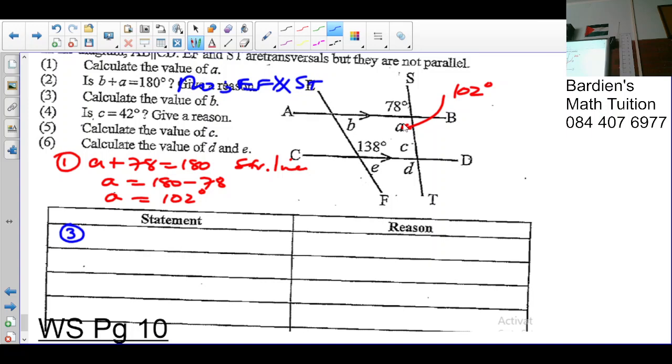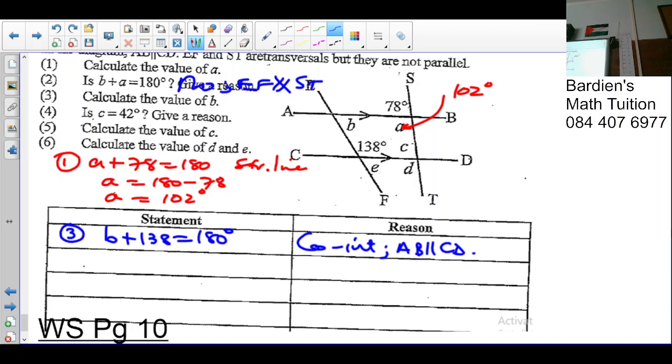b plus 138. Can you see there, there are your lines that are parallel? Can you see that, people? So we're saying that b plus 138 is equal to 180. Reason: co-interior, with AB being parallel to CD.